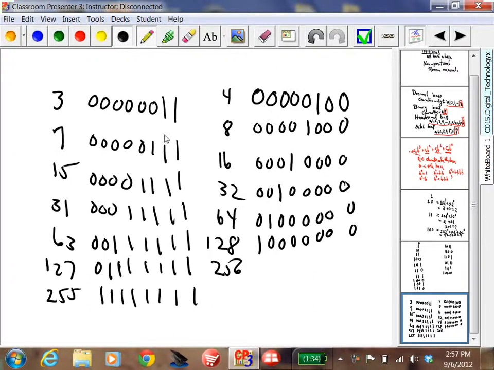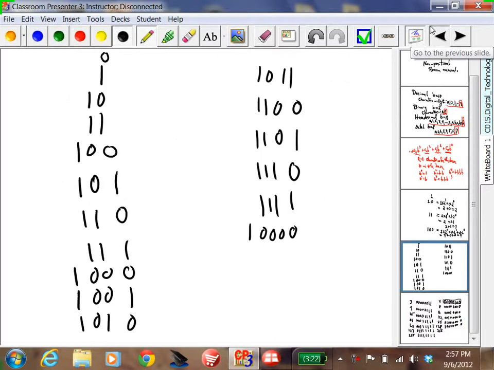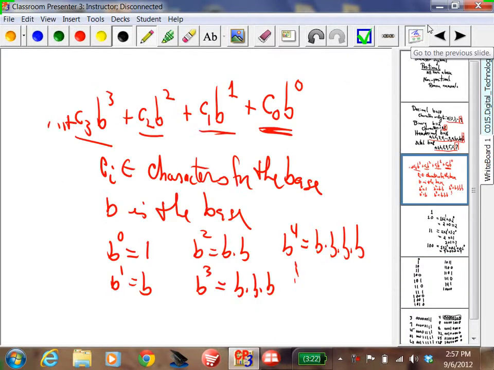How am I getting all these numbers? How did I get this number? I use this formula right here. P is 2.